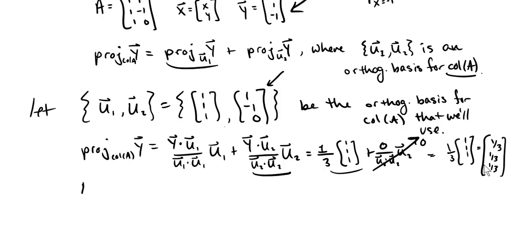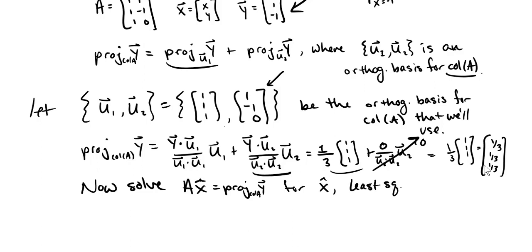So now solve A X hat equals that projection we have, for X hat, the least square solution. Okay, so what do we get?